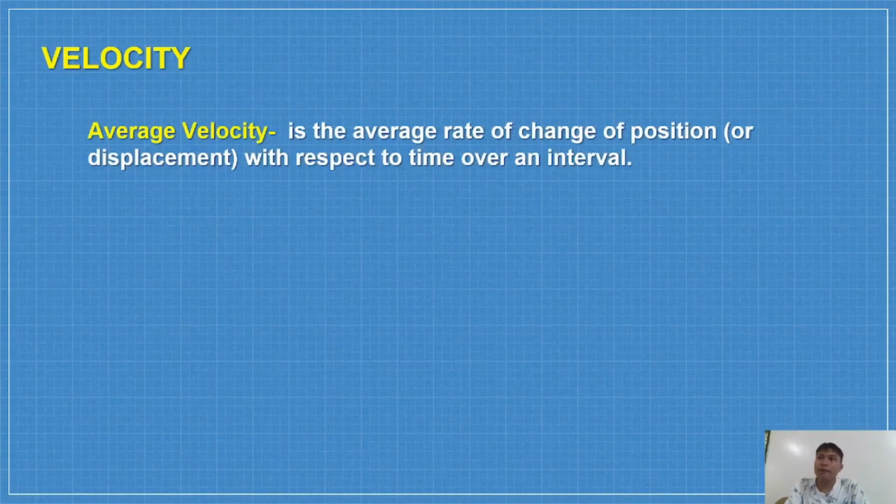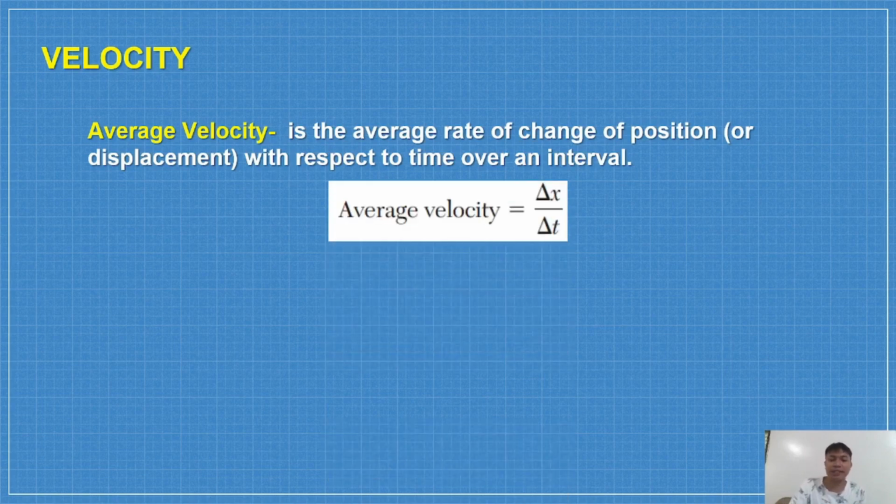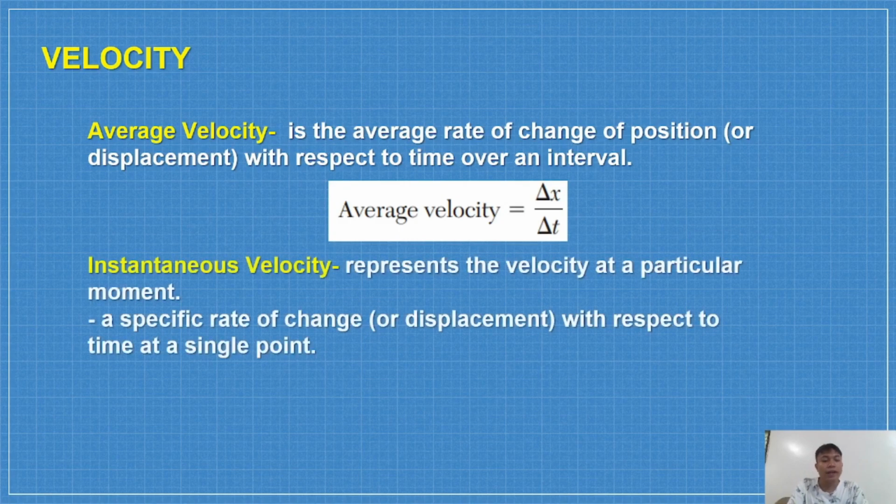Velocity. Average velocity is the average rate of change of position or displacement with respect to time over an interval. So it represents here the change of x over the change of t. While instantaneous velocity represents the velocity at a particular moment, a specific rate of change of our displacement with respect to time at a single point.